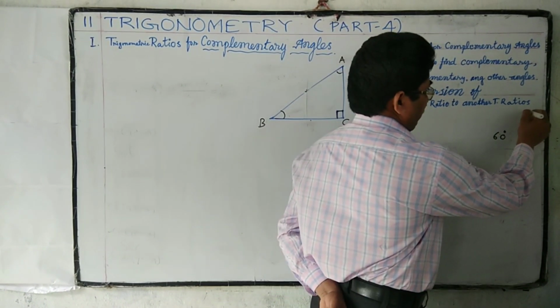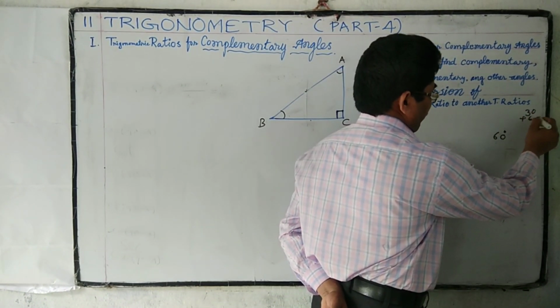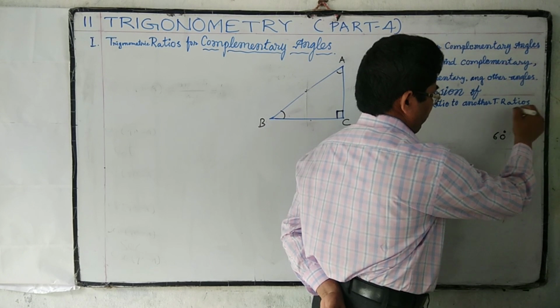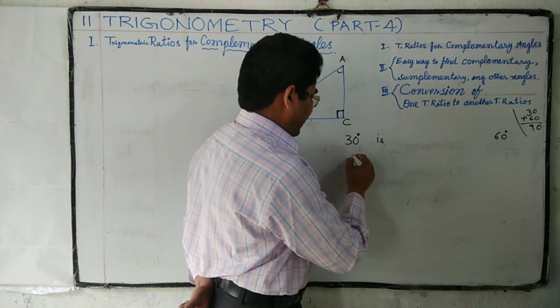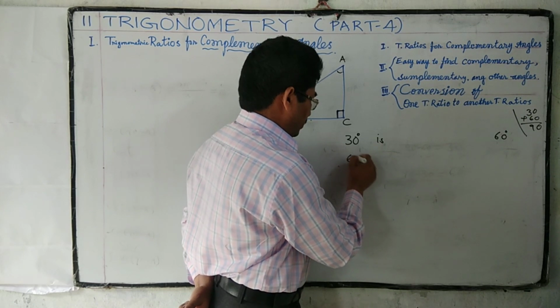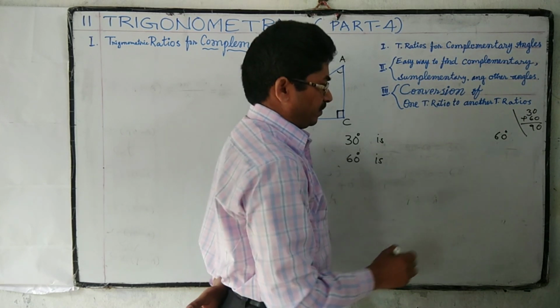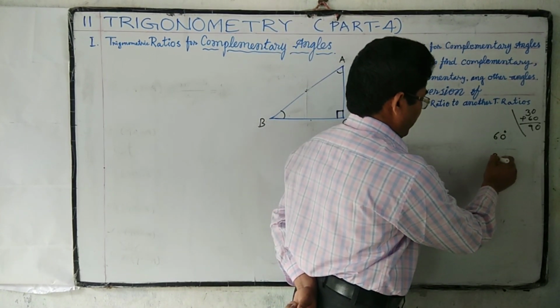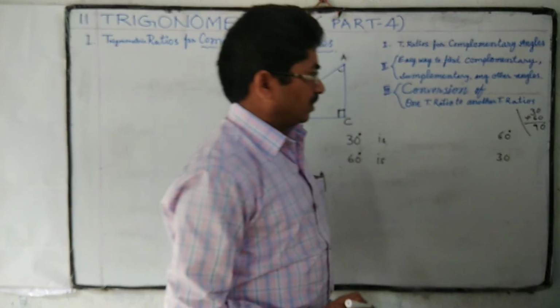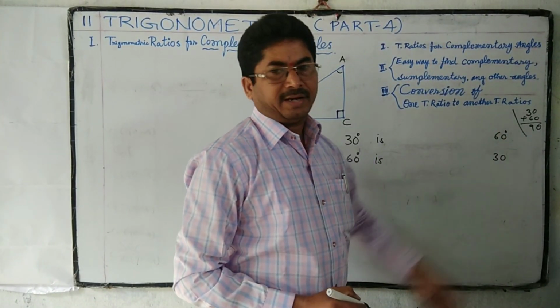Why? Because 30 plus 60 is equal to 90 degrees. The complementary angle of 60 degrees is 30 degrees. So the sum of these angles is also 90 degrees.